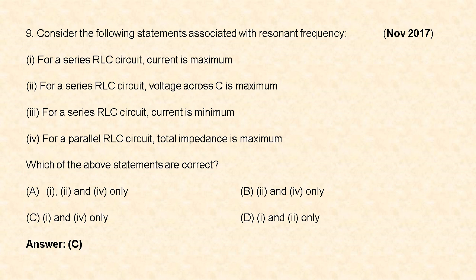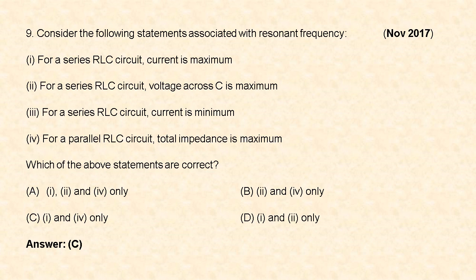Third: for a series RLC circuit, current is minimum. Fourth: for a parallel RLC circuit, total impedance is maximum. Which of the above statements are correct? The options are: A, 1, 2 and 4 only. Option B, 2 and 4 only. Option C, 1 and 4 only. Option D, 1 and 3 only.